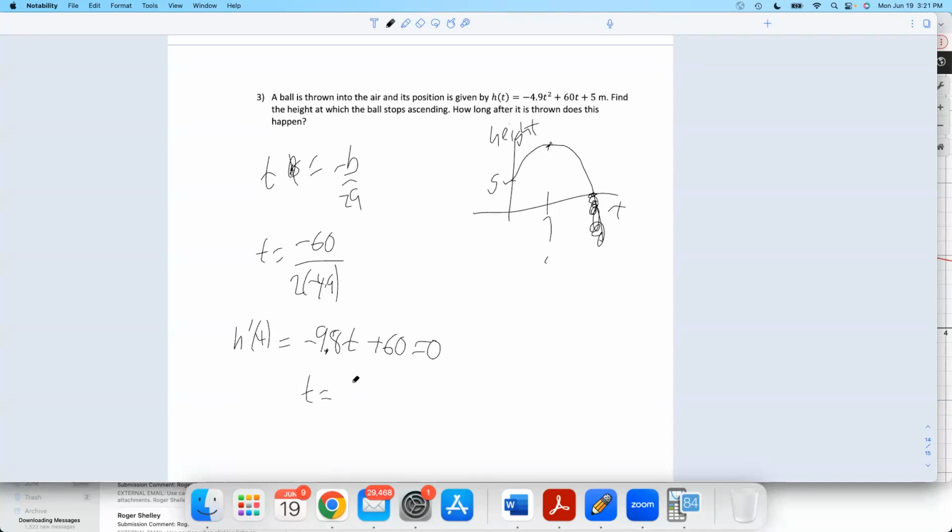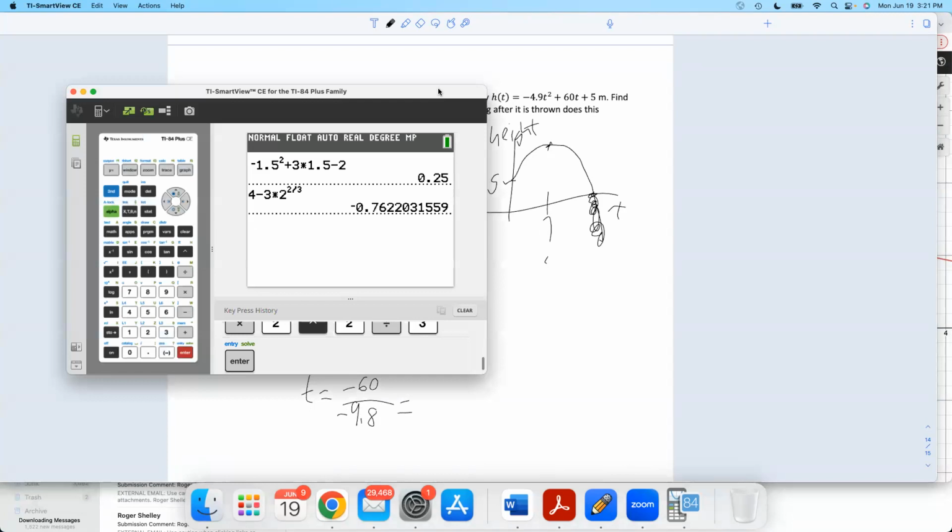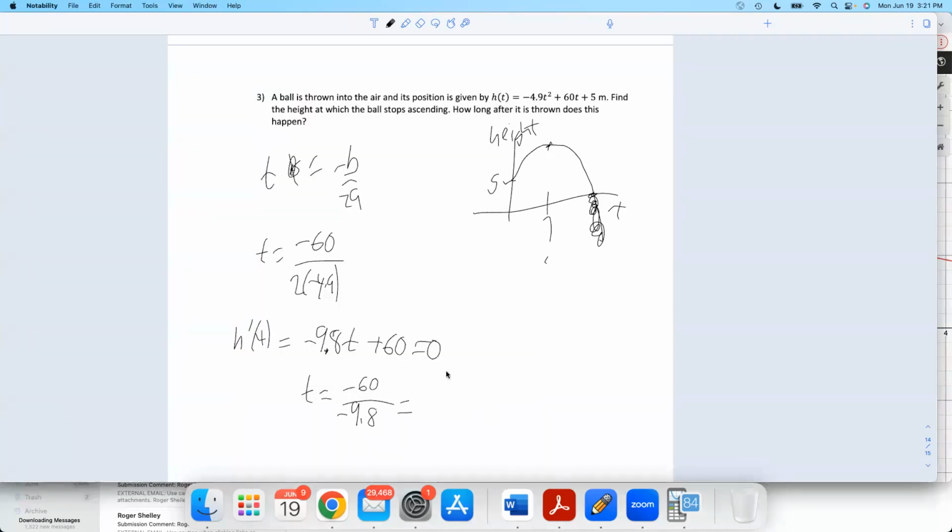You get t equals negative 60 over negative 9.8, which is exactly what we got there. Negatives cancel. About 6.12 seconds. That's how long it takes until the ball is at its maximum height.